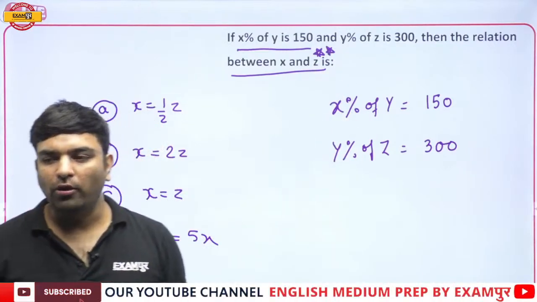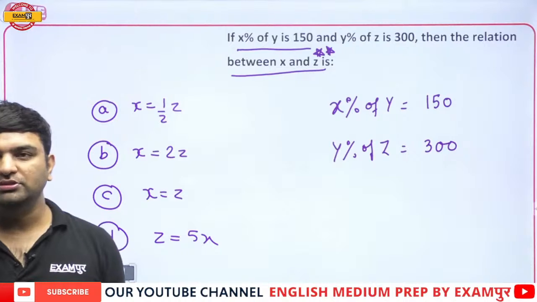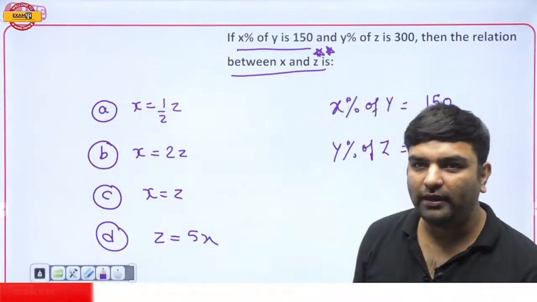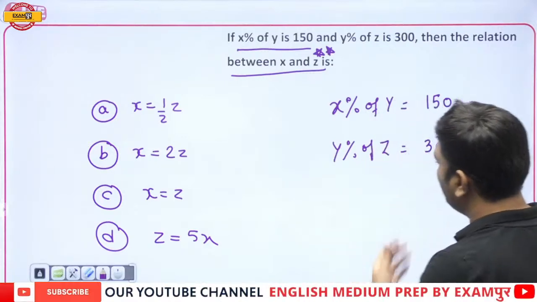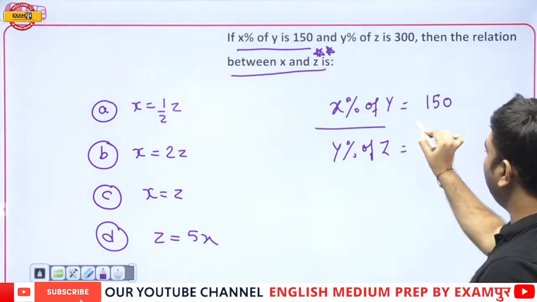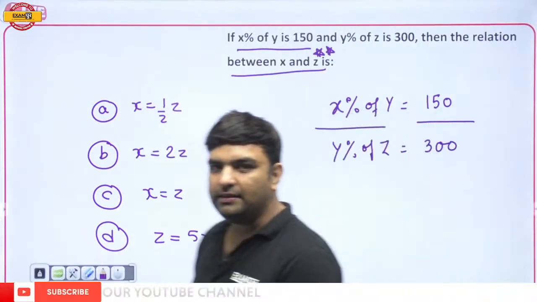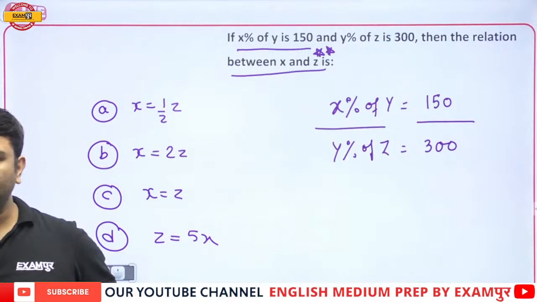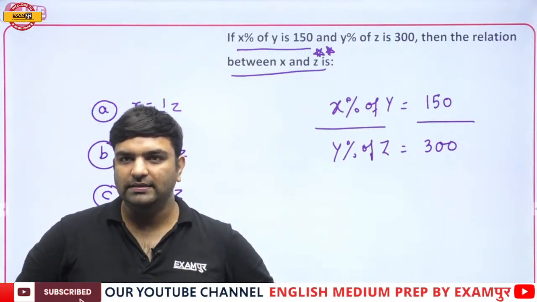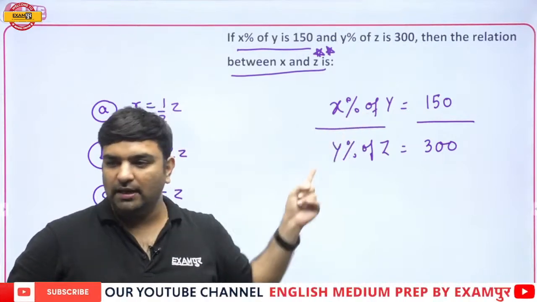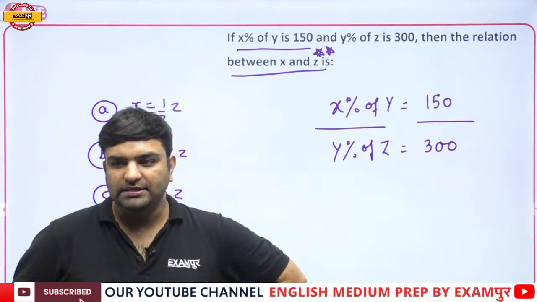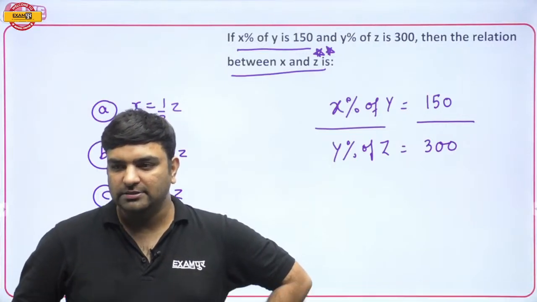Whose role is not here, guys? Y. So eliminate Y. What is the easiest way of eliminating Y? Divide. The easiest way of eliminating Y is to divide, because it will cancel out each other.